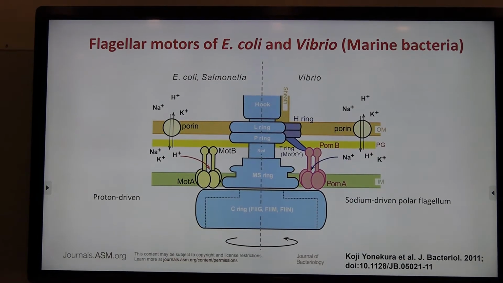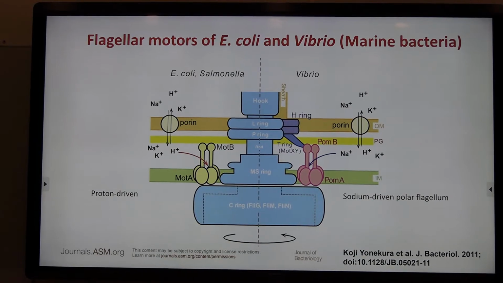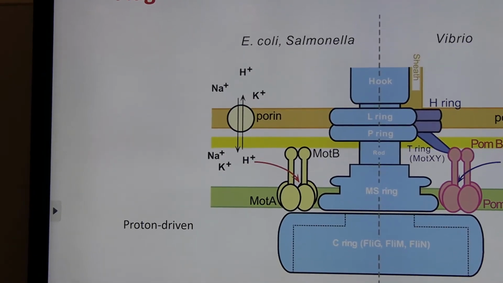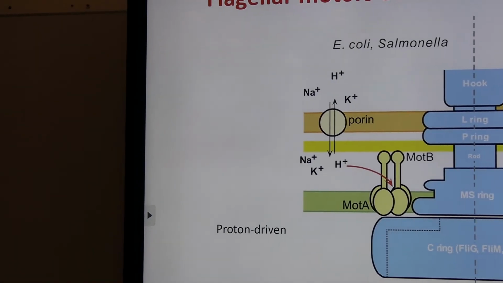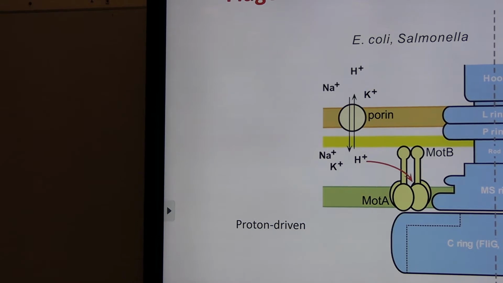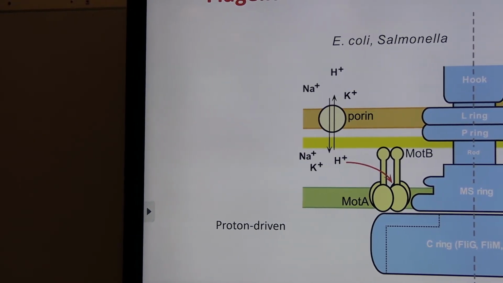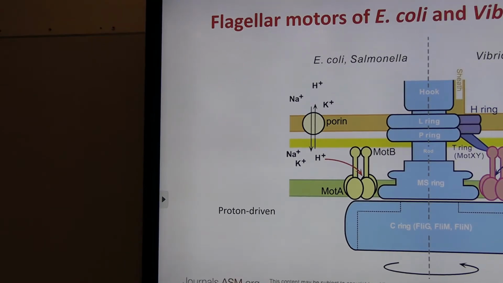This slide shows 2 different types of flagellar models in detail. On the left side, it shows the structure of the motor of E. coli. As you can see here, it is driven by the proton gradient.